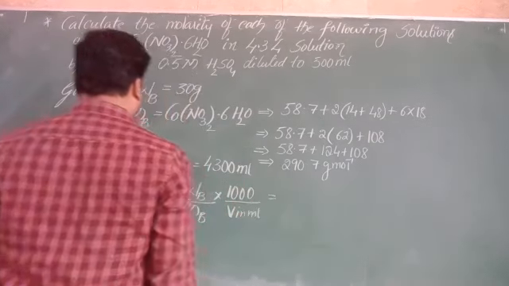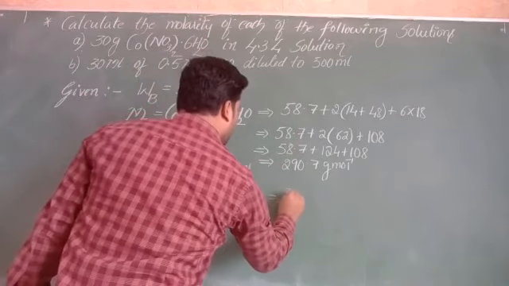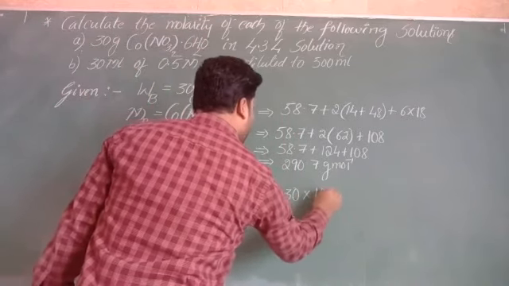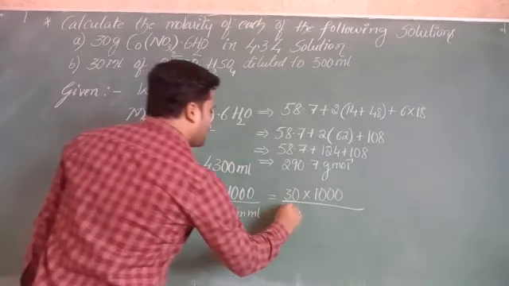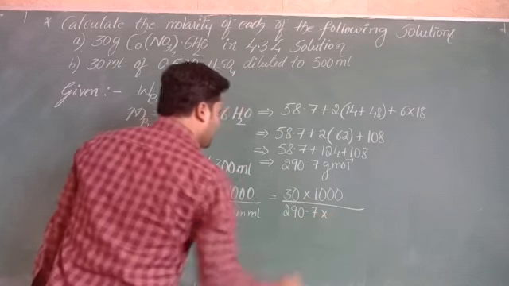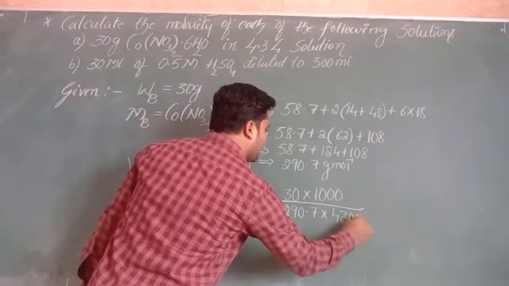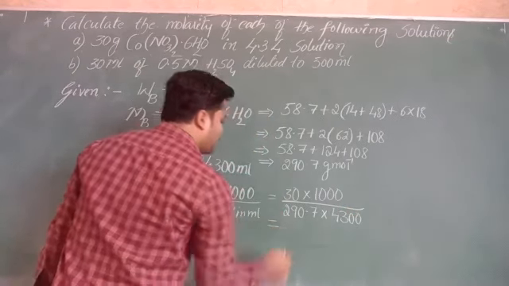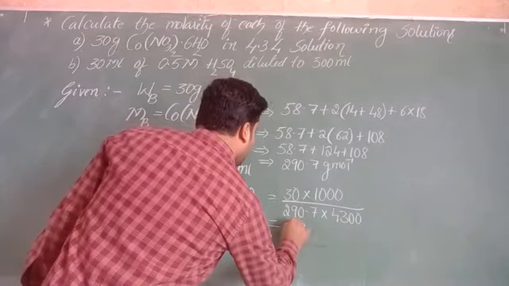So WB is 30 into 1000 divided by MB, that is 290.7, into V in ml, that is 4,300 ml. Now 30 into 1000 is 30,000.